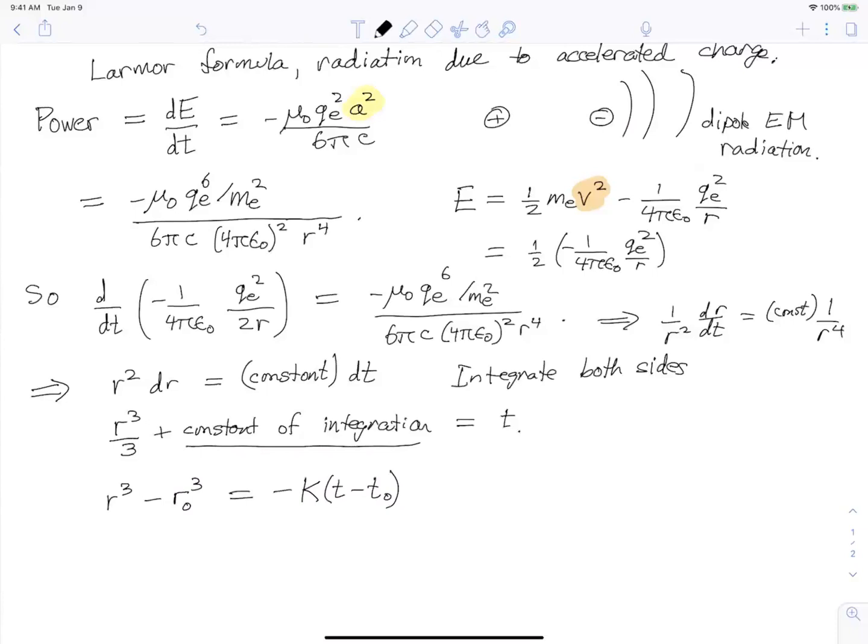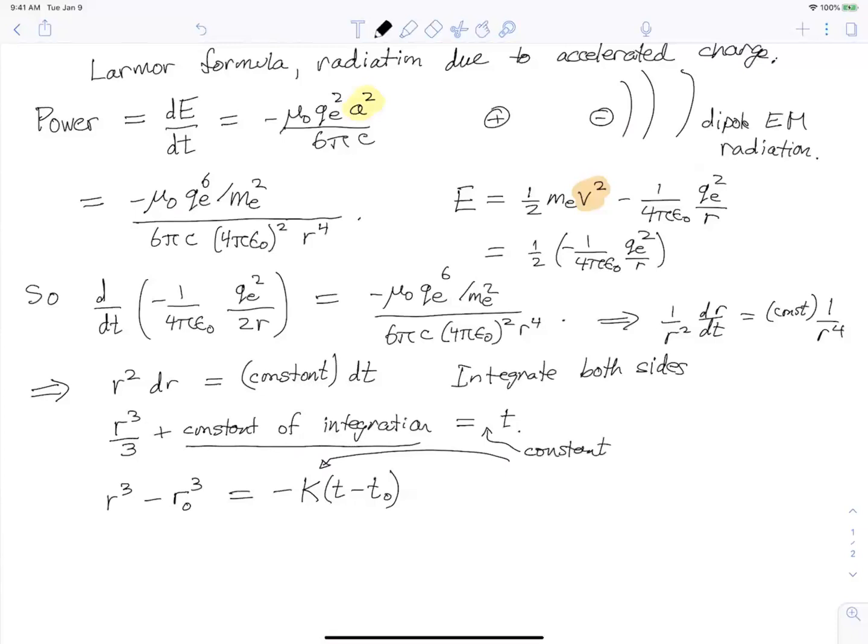Oops, I've made a mistake here. There should have been another constant multiplying this. That constant is the constant that comes from the mu naught q e to the 6th over m e squared and the c and all that stuff, if you do all the algebra for that. So that's just being absorbed into this constant, which again is given in the notes.